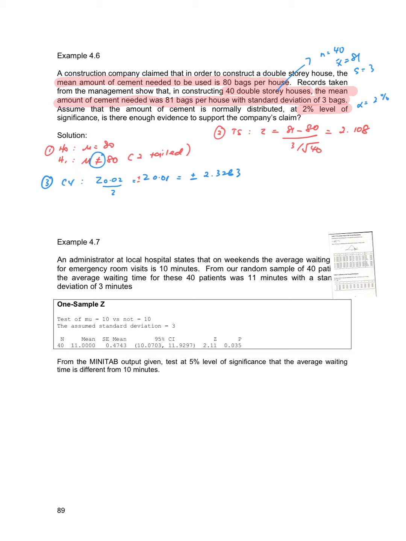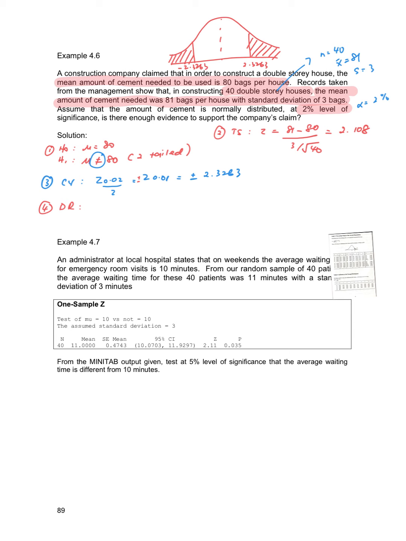Okay, now we want to write the decision rule. Okay, before that kita lukis dulu dia punya region. Kita buat kat atas. Okay. So dia adalah two-tailed test. So kita punya rejection region kita sebelah kiri dengan kanan lah. So this one is 2.3263. This one is negative 2.3263.